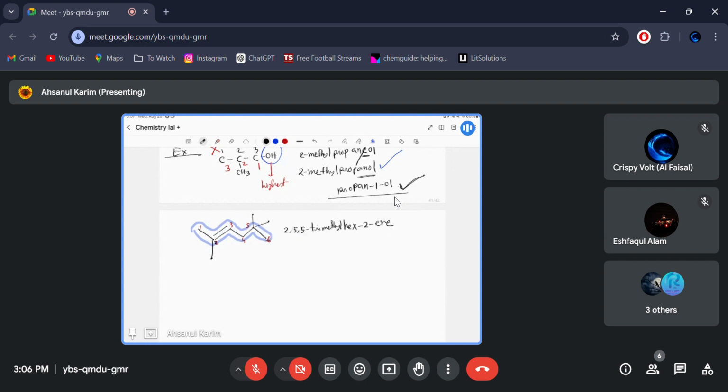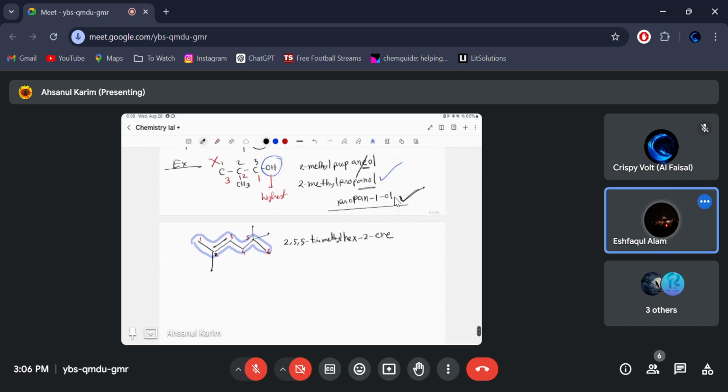Now at carbon number 2 one double bond is present, so 2 ene. Whenever there is a double bond you have to add ene in the name. That's it, clear? I was confused because you didn't draw the carbons. No, it will remain like this, this is the standard and it will come like this in exams. This is standard, okay. These are the carbons. Okay.